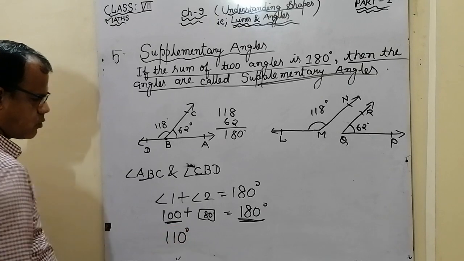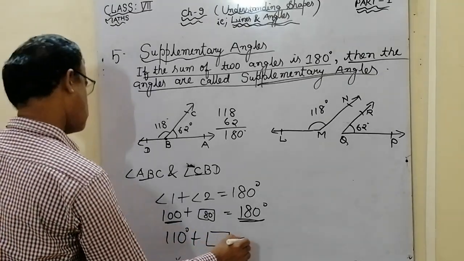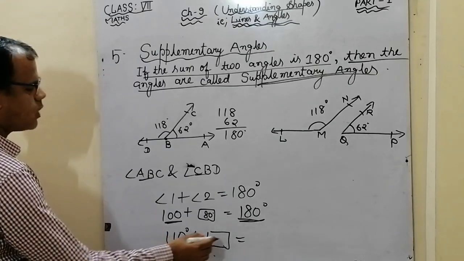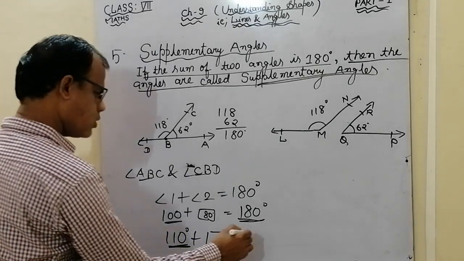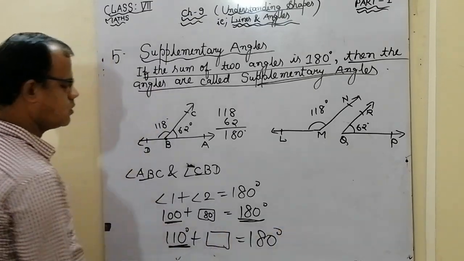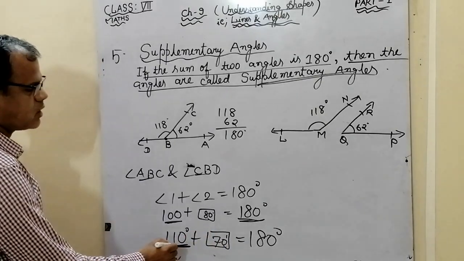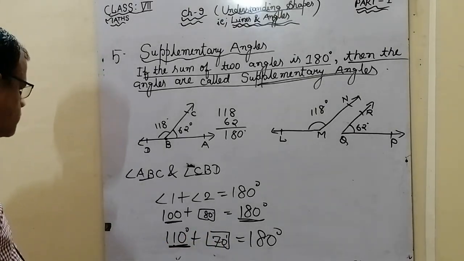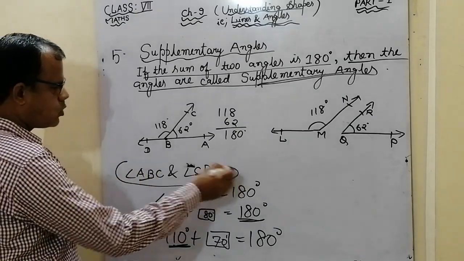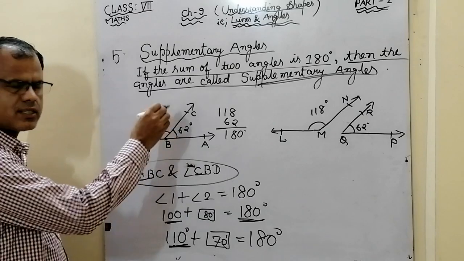Suppose 110 degrees plus what angle should be added so that it becomes 180 degrees? Yes, obviously 70 degrees. So 110 and 70 are supplementary angles.